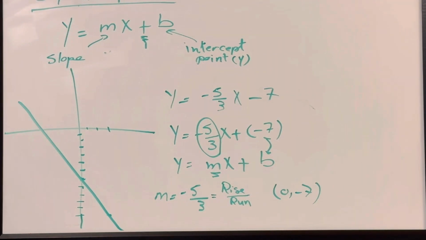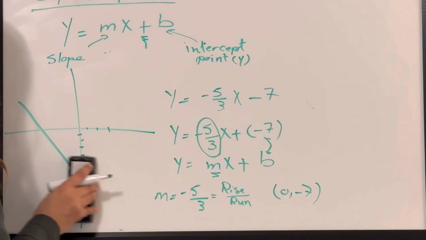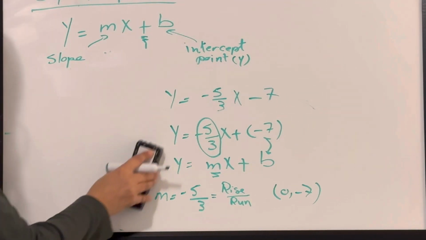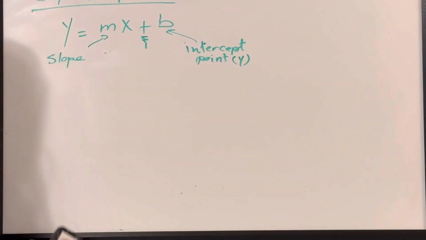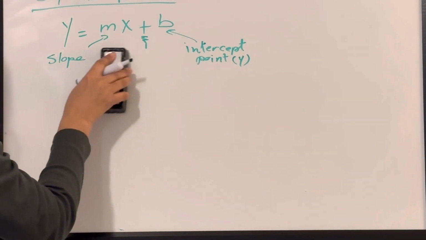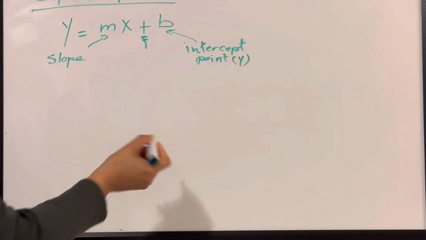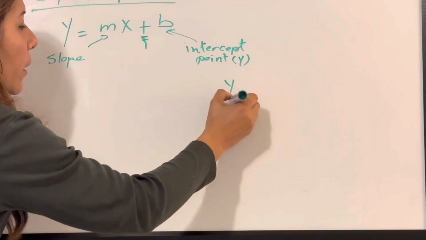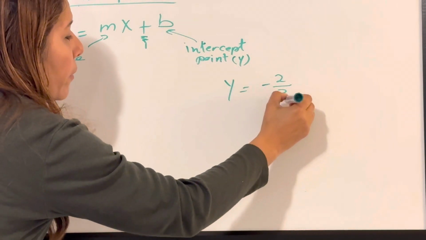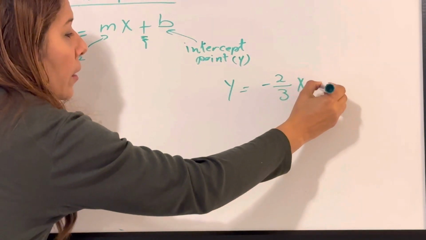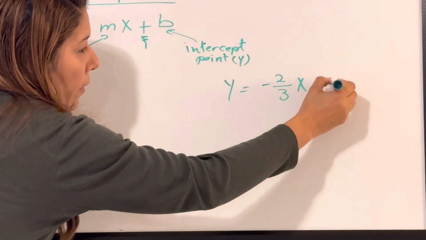And I can do this again. Let's take another example. What if I have y equals -2/3x -5?